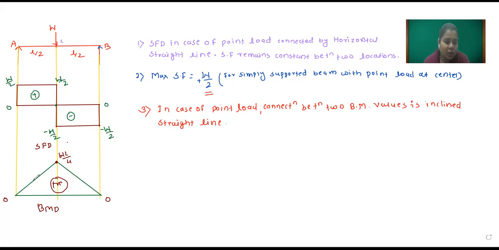You observe here, this is our bending moment diagram. Whenever we draw the bending moment diagram, if a central point load is applied, or if a point load is applied either at the center or at some distance, the connection between 2 points is an inclined straight line. Here x is raised to power 1. That's why an inclined line will come. Here x is raised to power 1, that's why it is an inclined straight line.